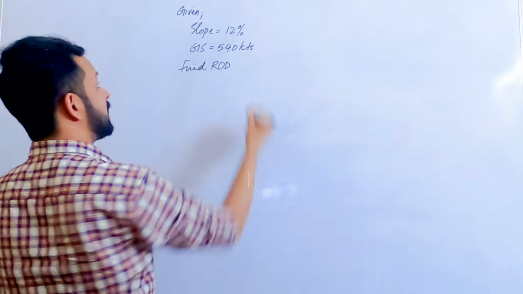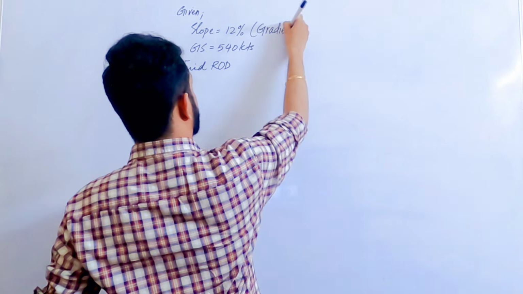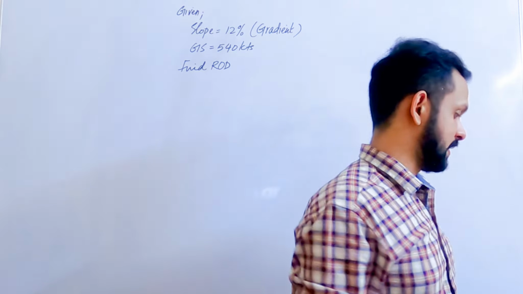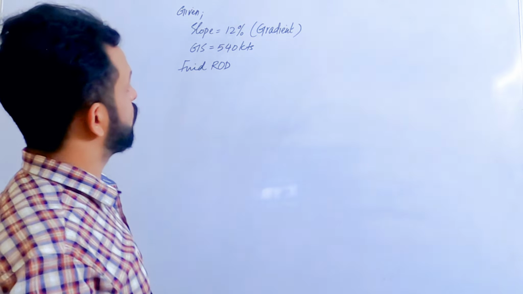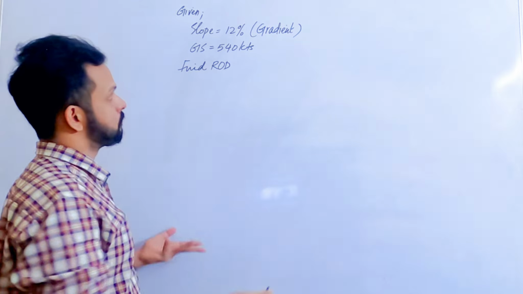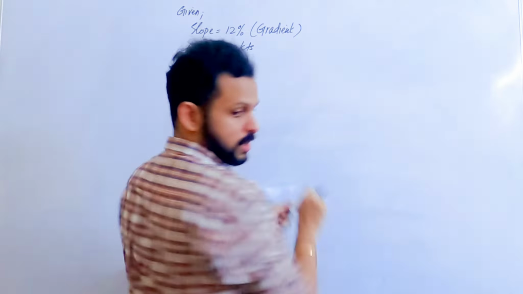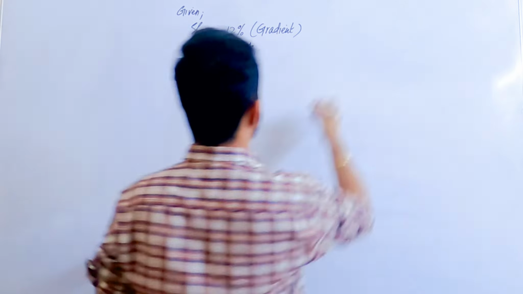Okay, so that is basically the gradient. When you see it in percentage, it's basically the gradient. So here you have been given a slope and a ground speed, and you're asked for rate of descent. You have the straight equation here, where the percentage gradient is expressed as a function of ground speed and rate of descent.